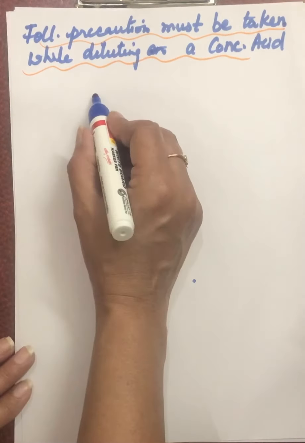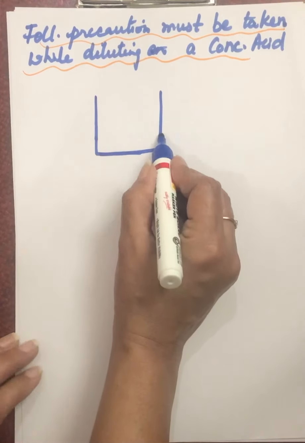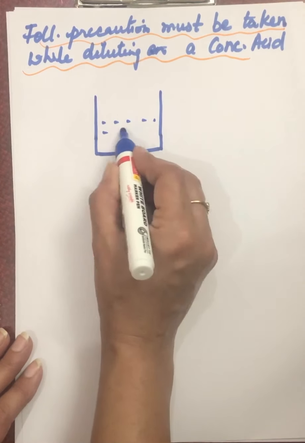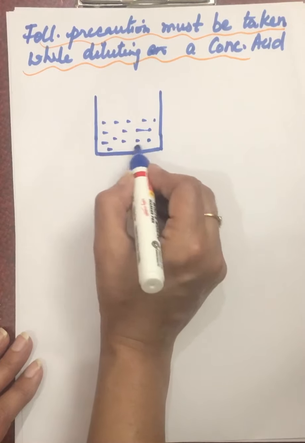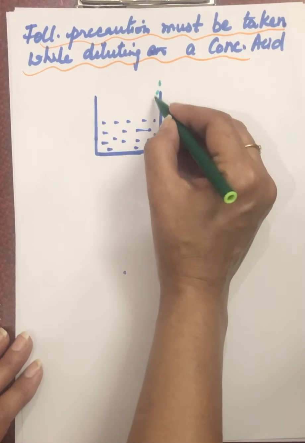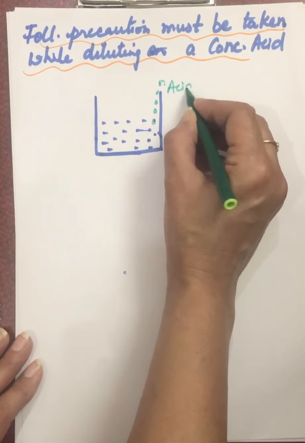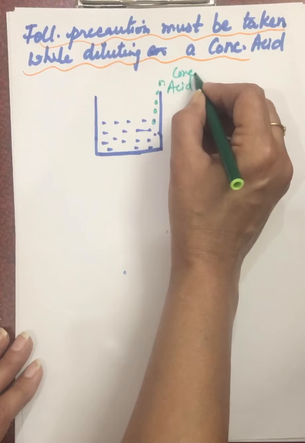First, what we have to do to get a dilute acid, like in the previous activity we did, is take water. And then to this slowly and slowly we are adding acid. Which acid is this? Concentrated acid.